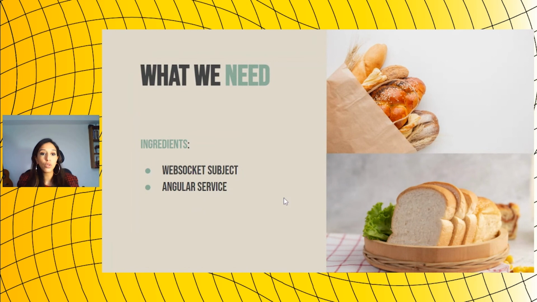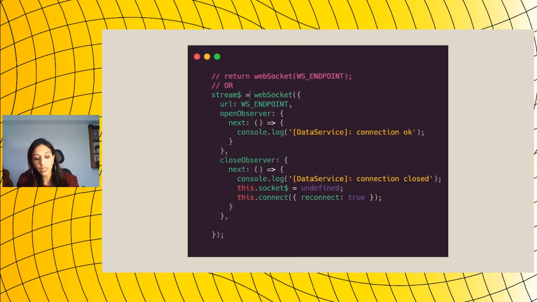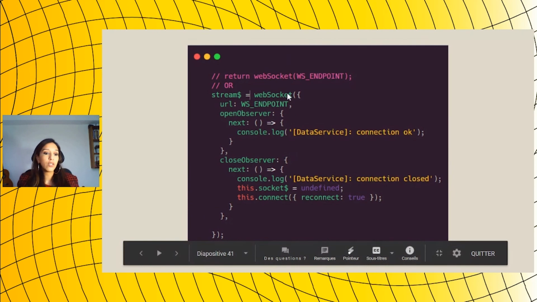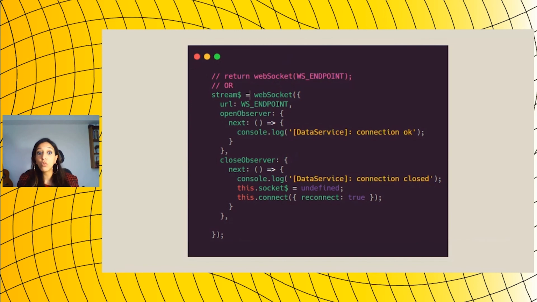I just want to make you aware that RxJS has this support, and the WebSocketSubject is just a wrapper around the W3C WebSocket object available in the browser. You pass the URL of your endpoint, and it will start connecting to this socket server and emitting values for you as long as your WebSocket server emits values.